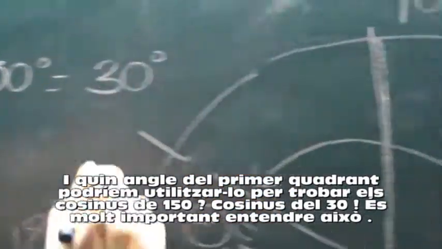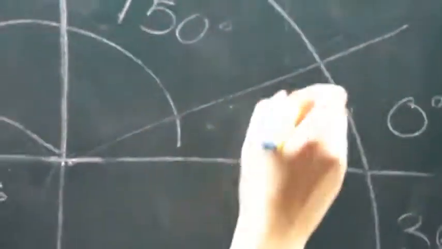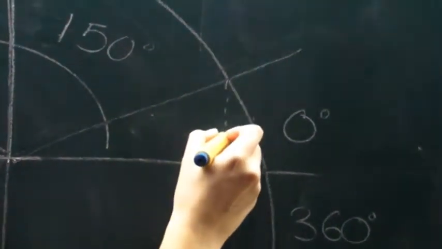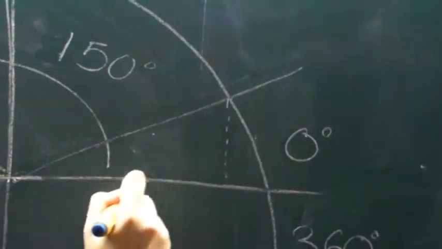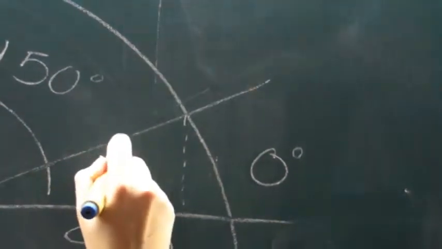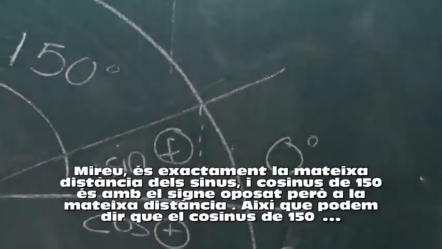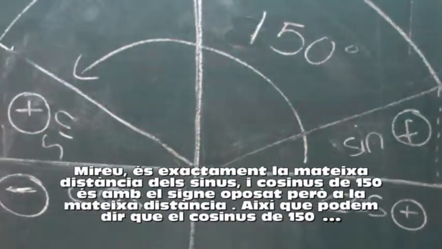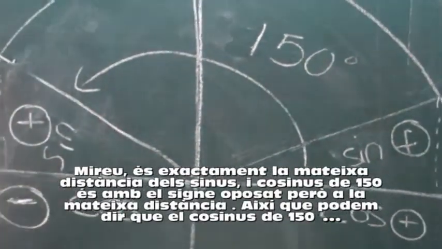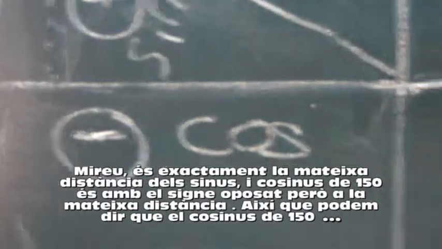It's so important to understand this. Look, the sine is exactly the same distance as 150. Sine and cosine have the opposite sign but the same distance.